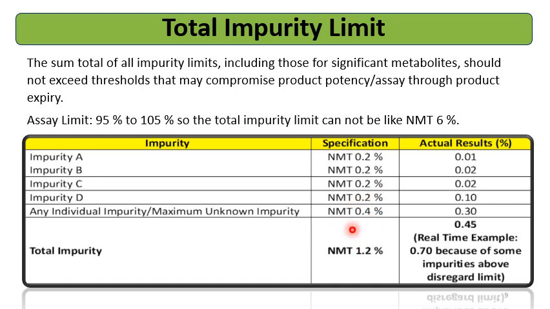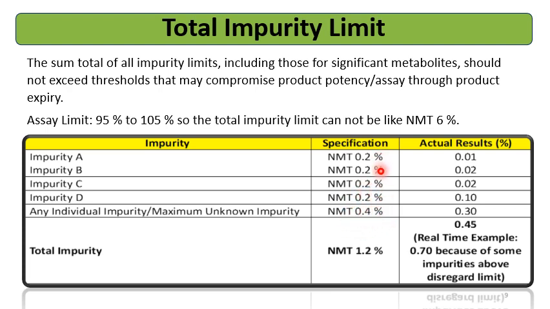And suppose the total daily exposure of the drug product is 6-7 mg or 5 mg. So as per the ICH identification threshold, the limit for unknown impurity will be 0.4%.